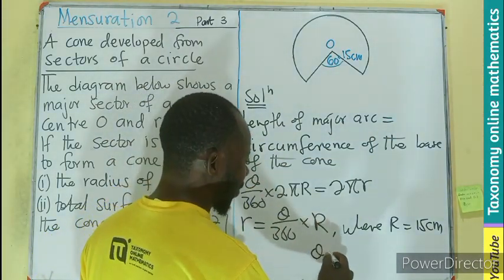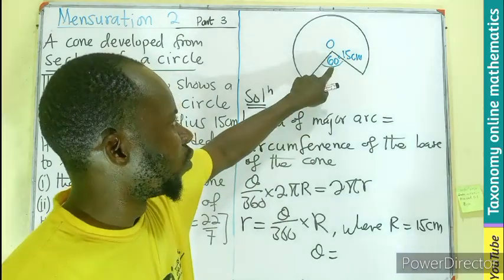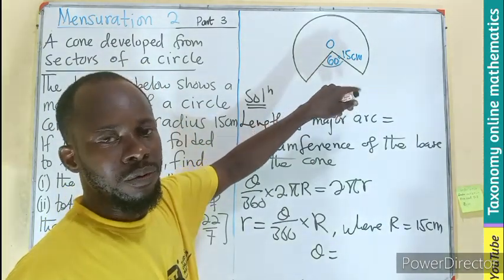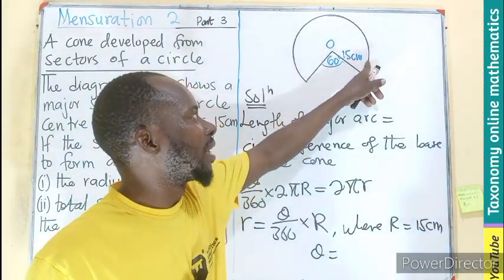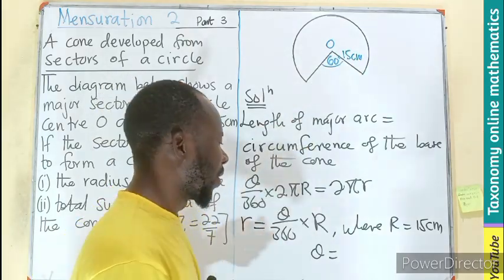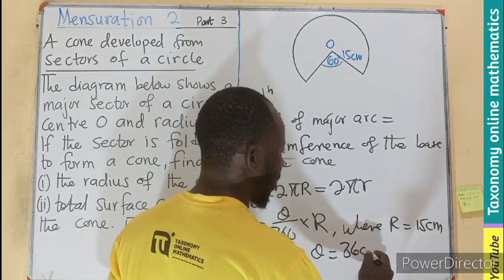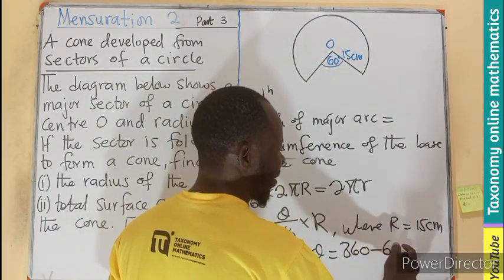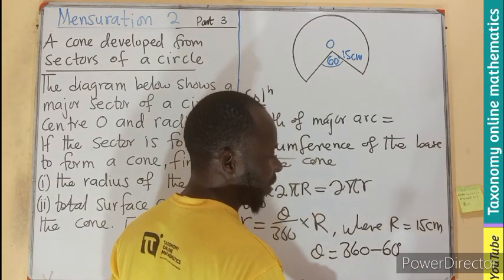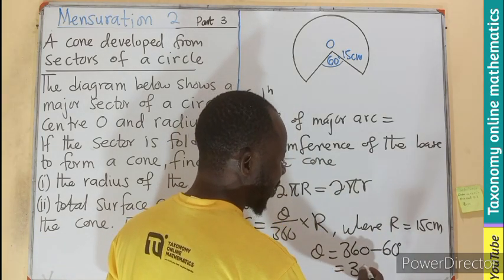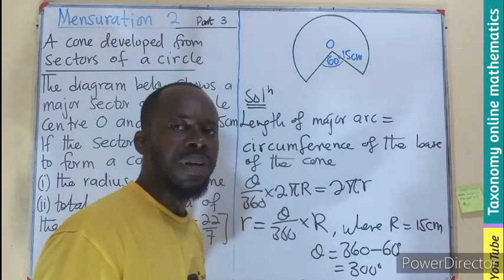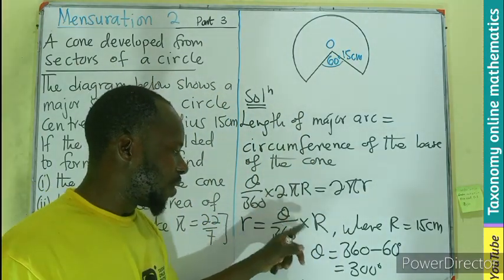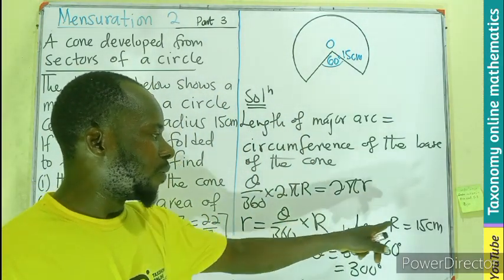Our theta in this case is not going to be this. This sector is removed. It is the bigger sector which has the reflex angle 360 minus theta, and our theta now is what? 60 degrees. So that will give us 300 degrees, meaning theta will be 300, R will be 15.